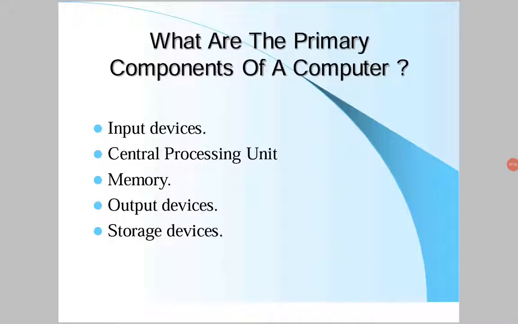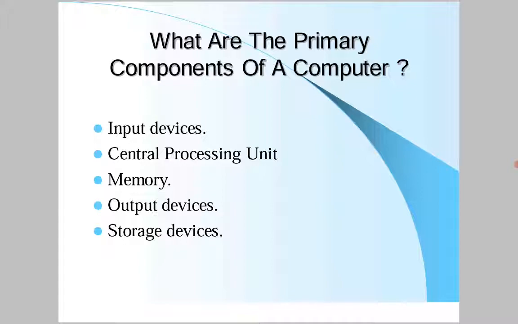So how a computer works: first, it accepts some input or values through input devices entered by the users and sends it to the processing unit or CPU. The CPU does arithmetic calculations and logical calculations, means comparisons like less than, greater than, and generates the required outputs.